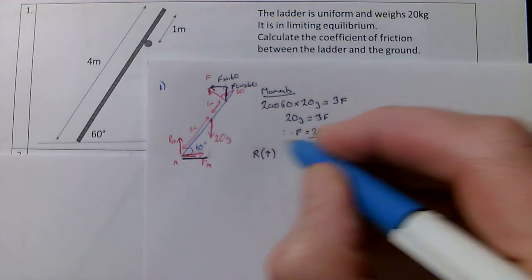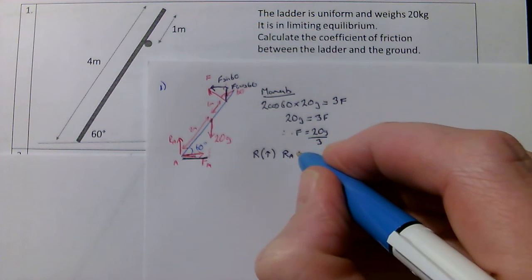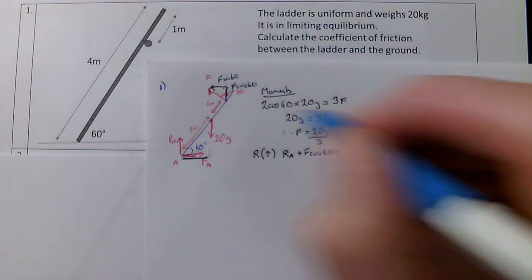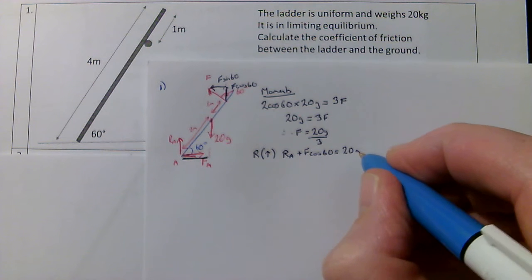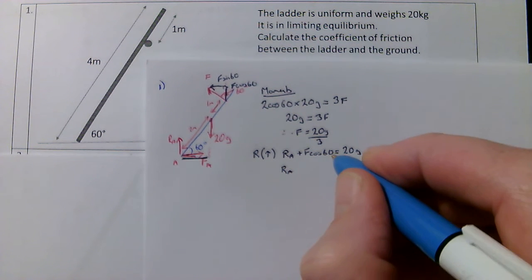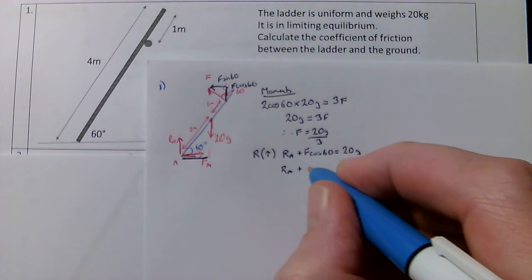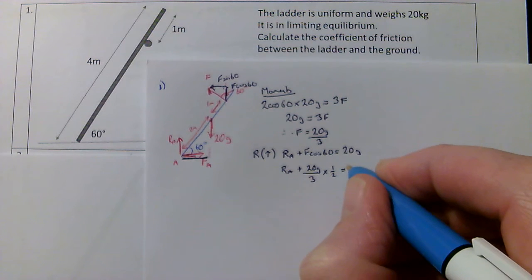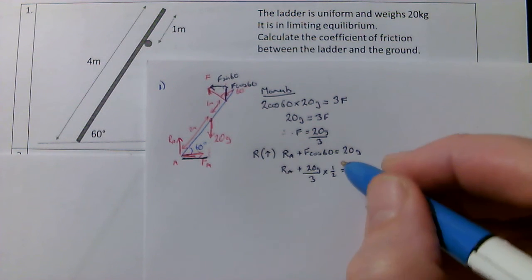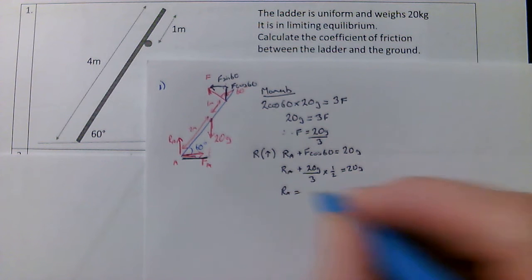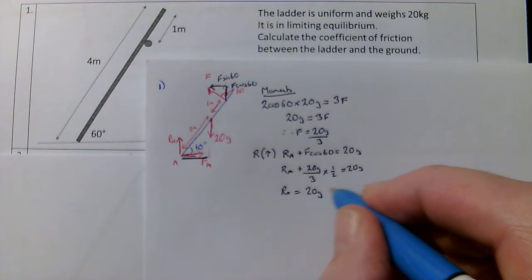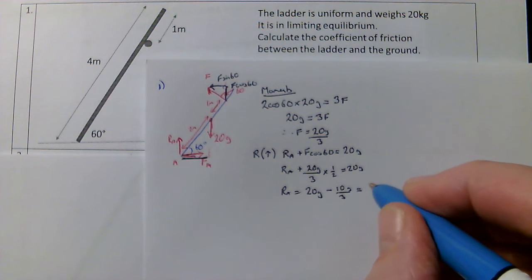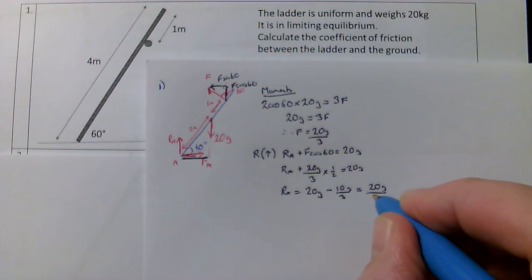I've got upwards, I've got RA plus F cos 60 equals my downward force, which is 20g. So RA, cos 60 is a half, so plus F, which is 20g over 3, times a half, equals 20g. So this gives me RA equals 20g minus 10g over 3, which is going to give me 20g over 3.